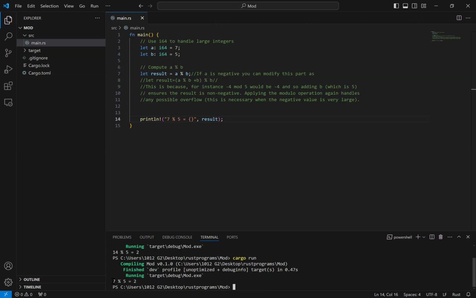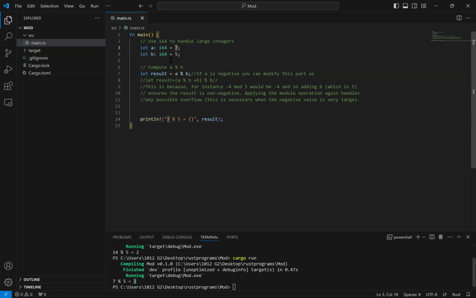It says the remainder of 7 divided by 5. You can see where I'm highlighting at the bottom? Yes, it says the remainder of 7 on dividing by 5 is 2.